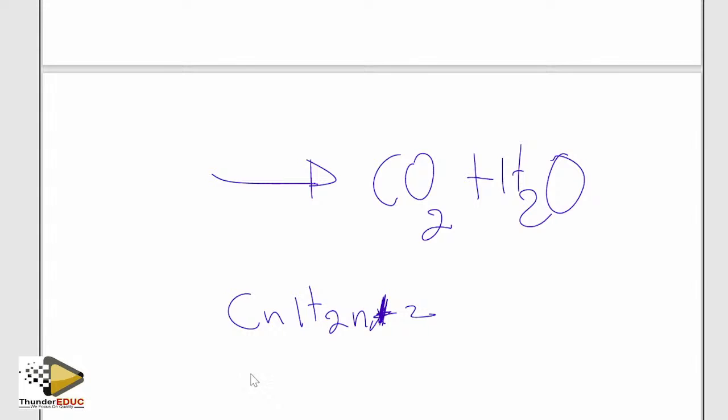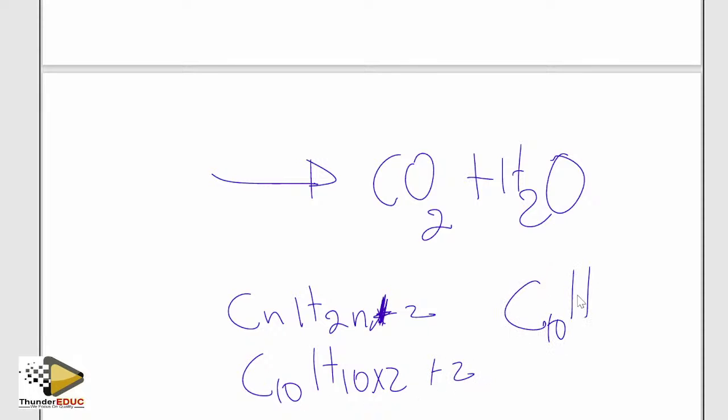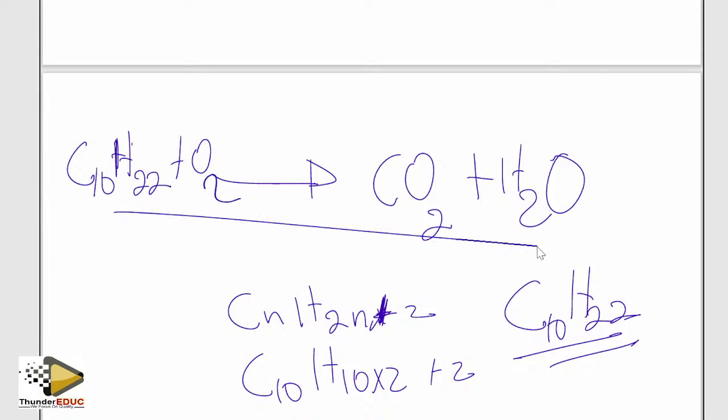So if carbon is 10, hydrogen is 10 times 2 plus 2, which is 22. You can also count directly. So it's C10H22 plus oxygen. That is the reaction. You get a mark here, a mark there, and then another mark for balancing the equation.